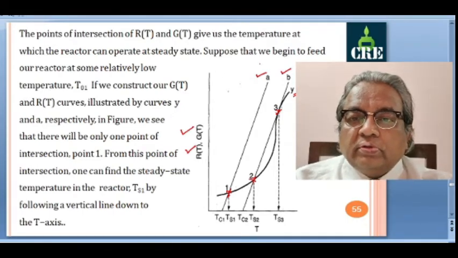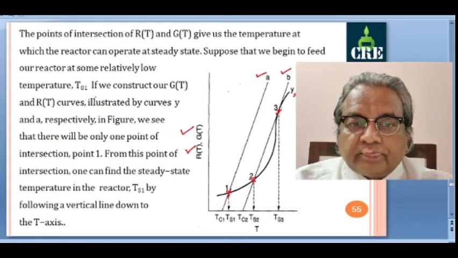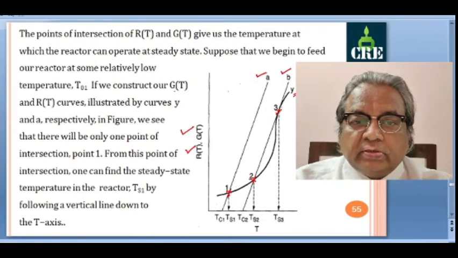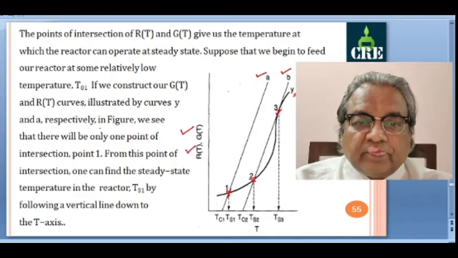So suppose we begin to feed our reactor at some relatively low temperature T01. If we construct generation term and removal term curves illustrated by curves Y and A respectively, Y is the generation term, A is the removal term.